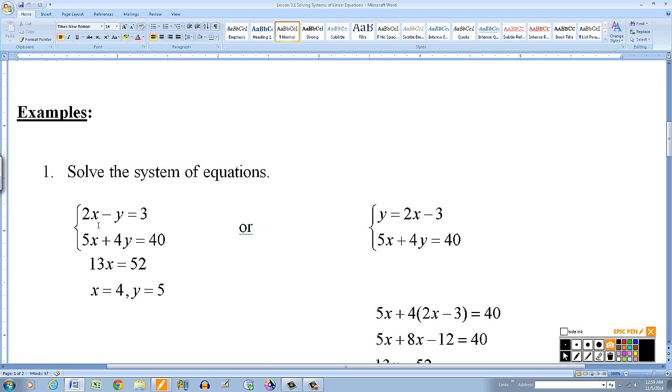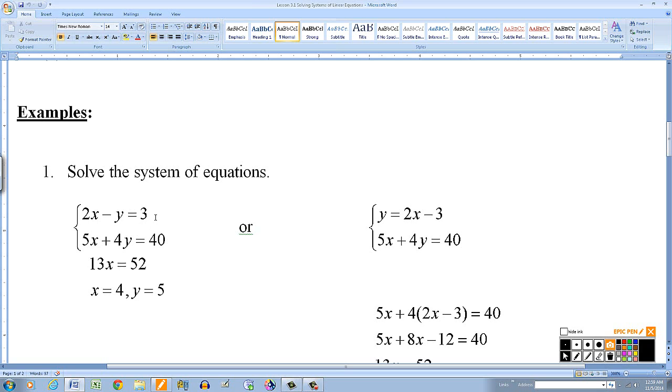You can add corresponding sides of two quantities that are equal. You have two equations. So the object is to perform one of these operations so that we eliminate one of the variables. So we want to add the two equations so that one of the variables cancels.